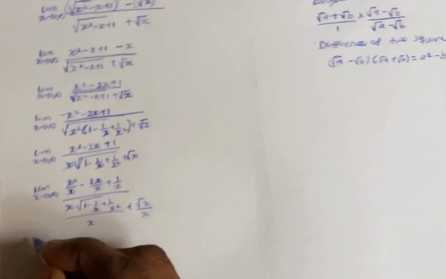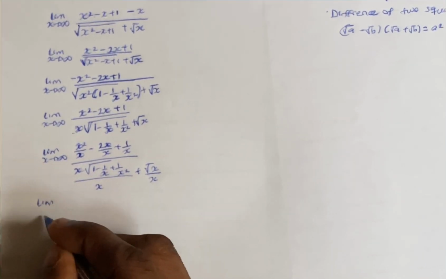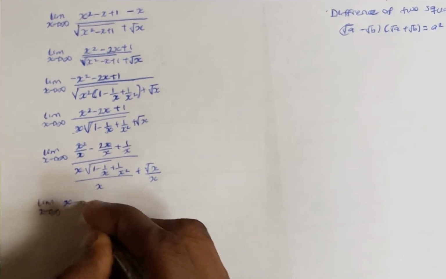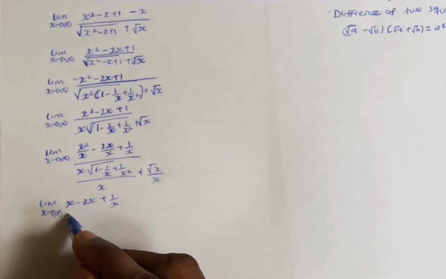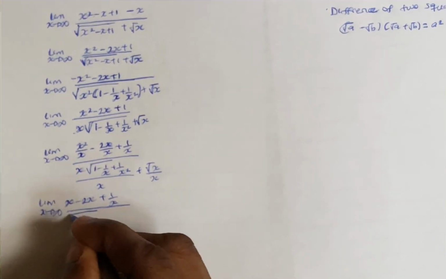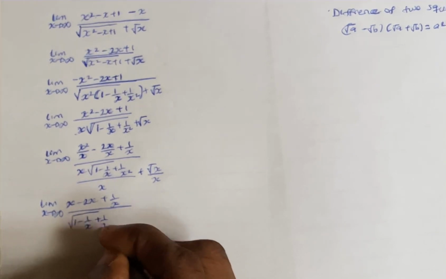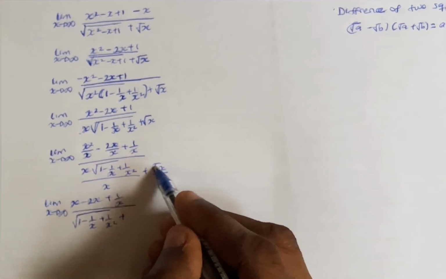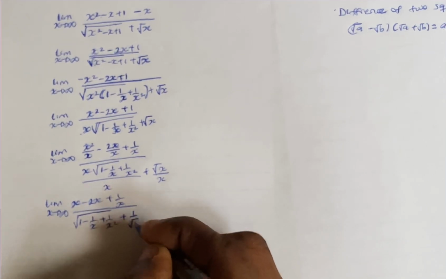So we can have limit as x approaches infinity, x minus 2x plus 1 over x, everything divided by square root of 1 minus 1 over x plus 1 over x squared, plus, for square root of x, that should give us 1 over square root of x.